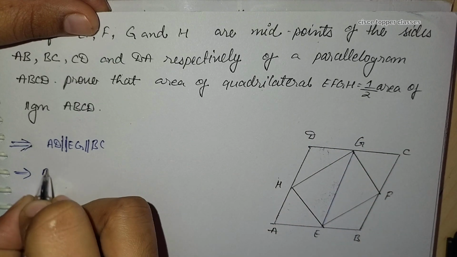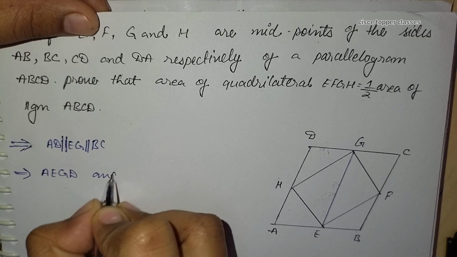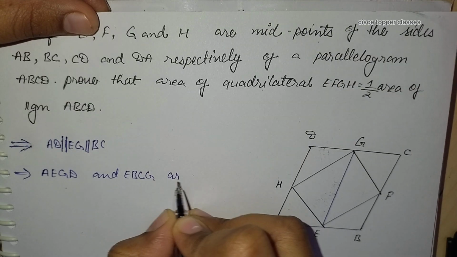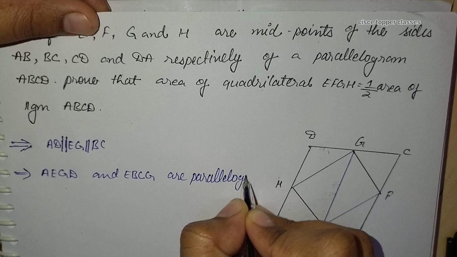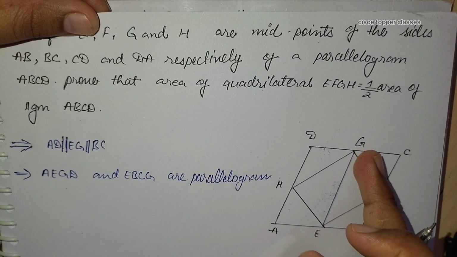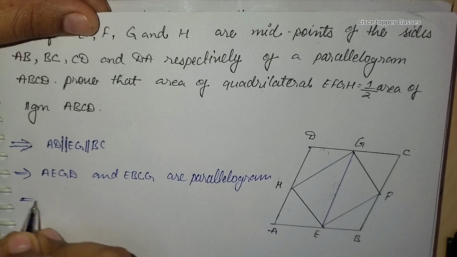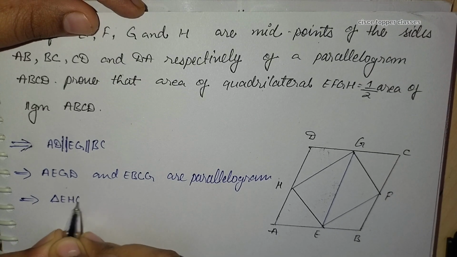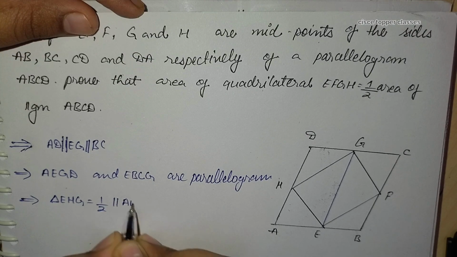We can conclude from here that AEGD and EBCG are parallelograms, and they are parallelograms on the same base EG, with a parallelogram and a triangle. So we can write that area of triangle EHG is equal to half of parallelogram AEGD.